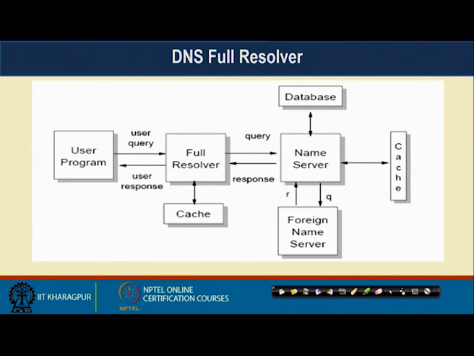The full resolver maintains a cache by which it remembers the mapping, so that it does it much faster next time, whereas the name server has its own database and cache, and if it does not have it, it sends it to the other or foreign name server, right. This is a full resolution. So, the user program in turn sends it to the full resolver and gets it done.